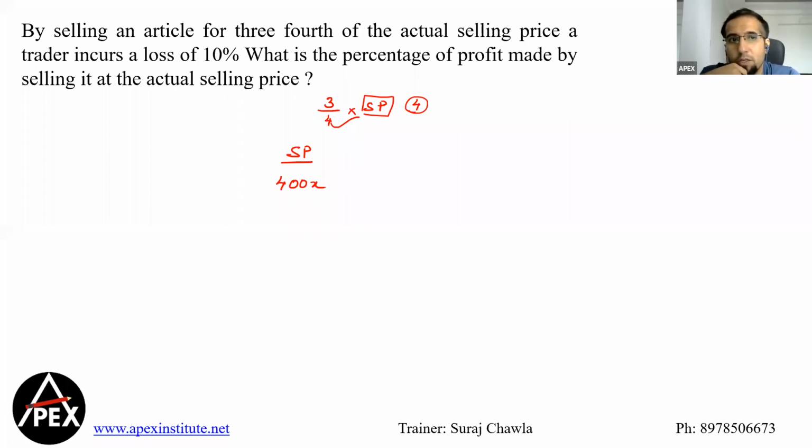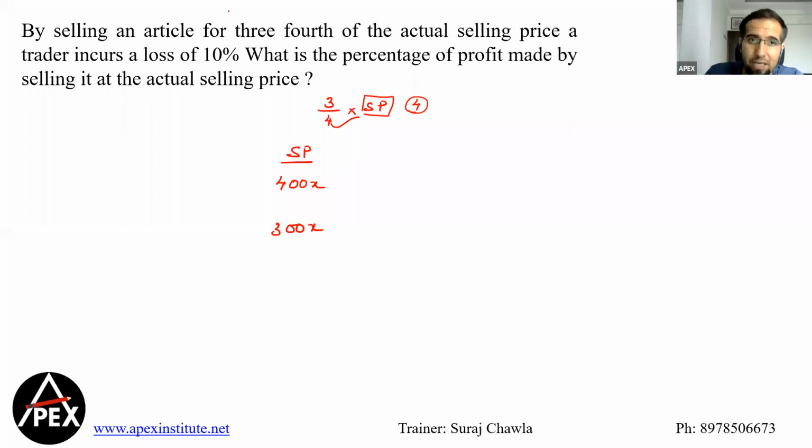Now what is happening? We are selling at 3/4 of this price. That means now I am selling at 300x. It is the same article. If I'm selling at 300x, I'm making a loss of 10 percent.